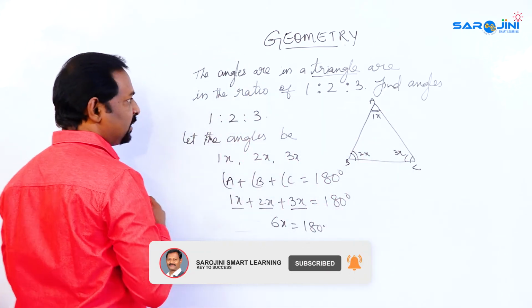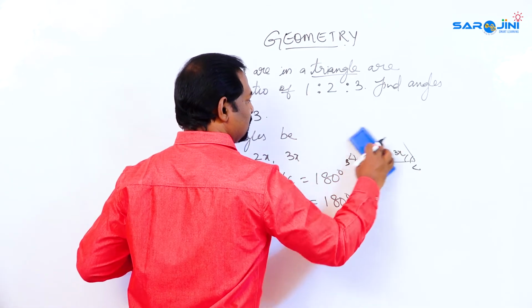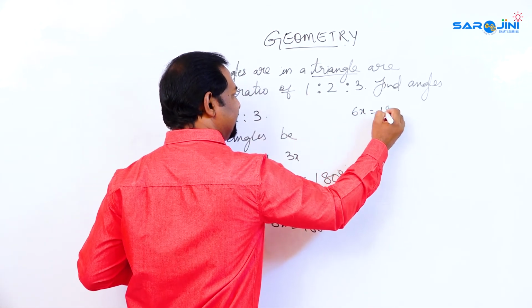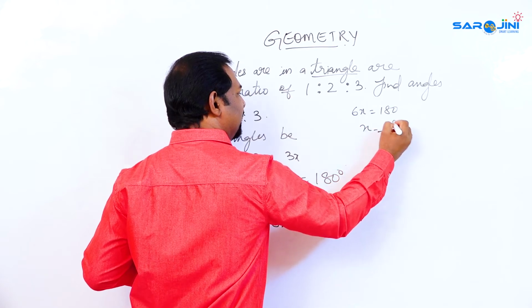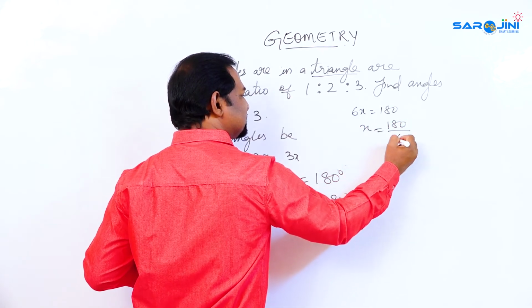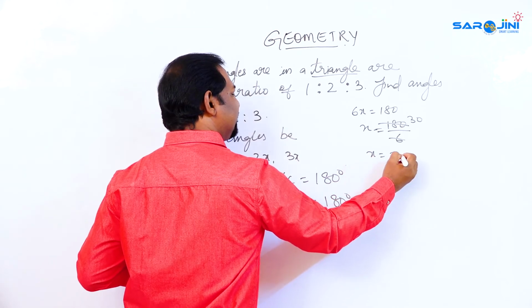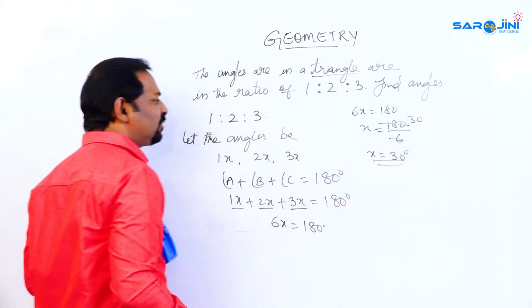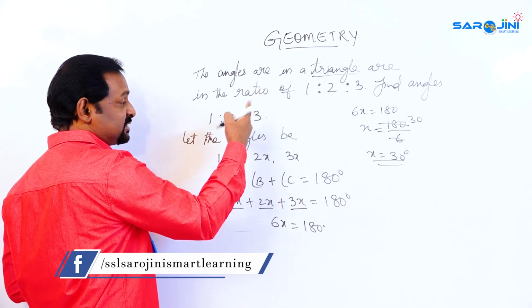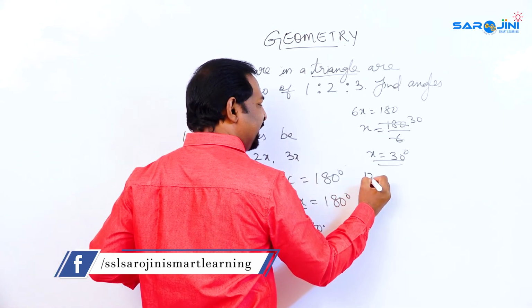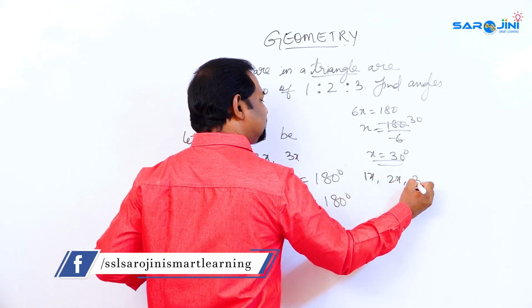So 6x is equal to 180 degrees. x is equal to 180 by 6. 6 3s are 18, 0, so x is equal to 30 degrees. Now we have to find the original ratios. We thought 1x, 2x and 3x.